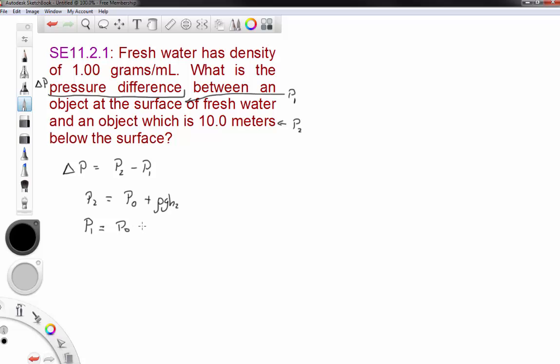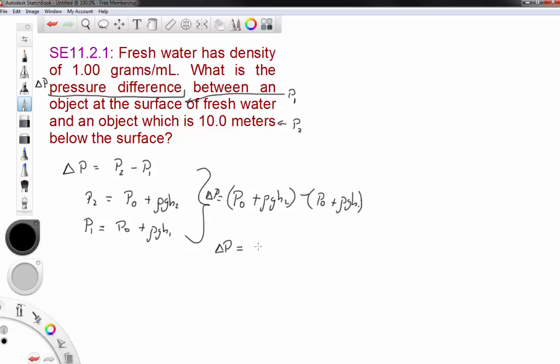P1, similarly, will be P0 plus rho G H1. So this difference in pressures is basically going to be P0 plus rho G H2 minus P0 plus rho G H1. So that is our change in pressure.